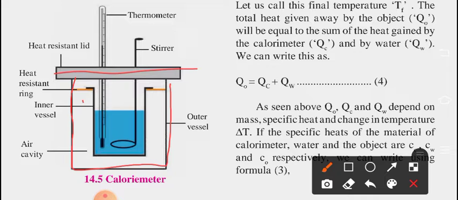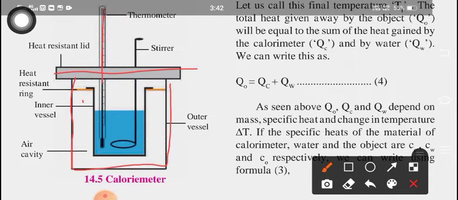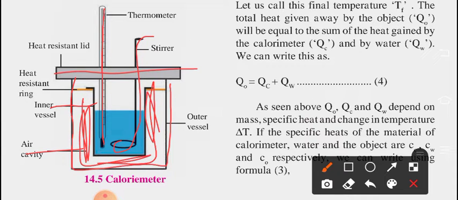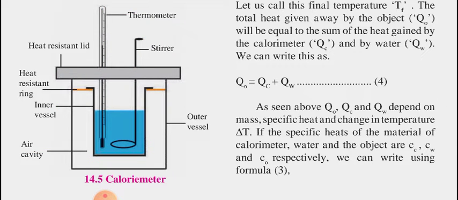There is one hole through which we insert a thermometer, and there is one stirrer with which we can stir the water. This is the inner vessel in which water is there, and this is the air cavity. This is a heat resistant ring, this is the heat resistant lid, and this one is the thermometer. So this is the construction of the calorimeter.